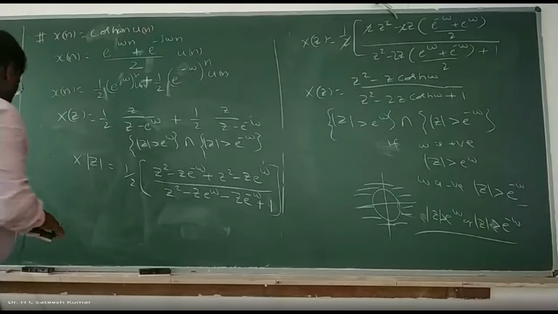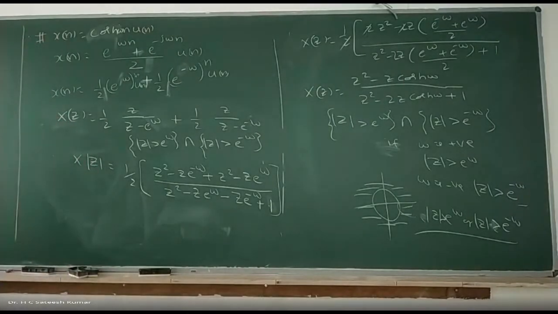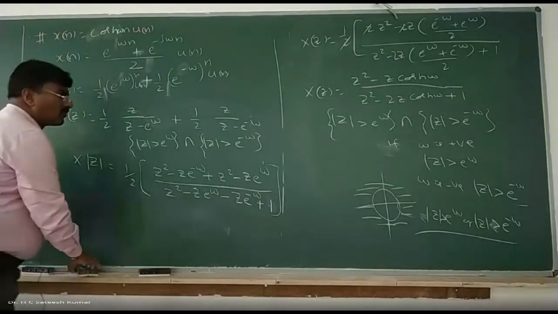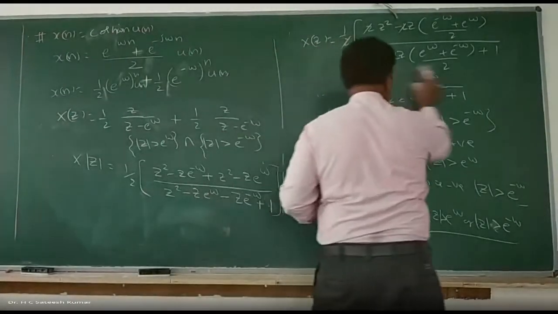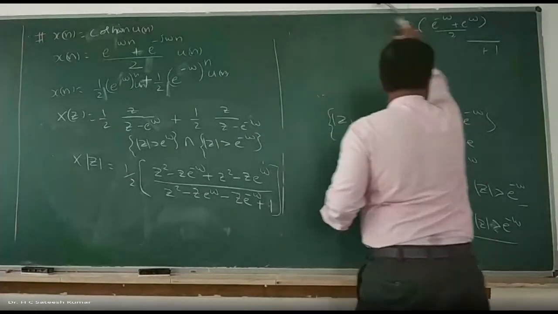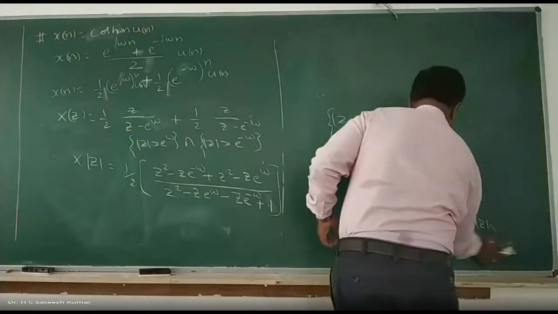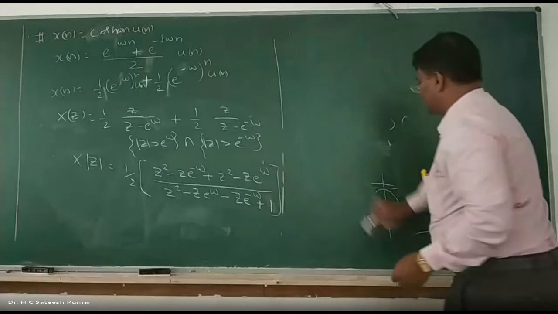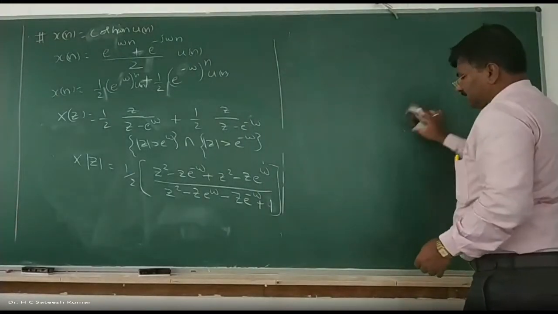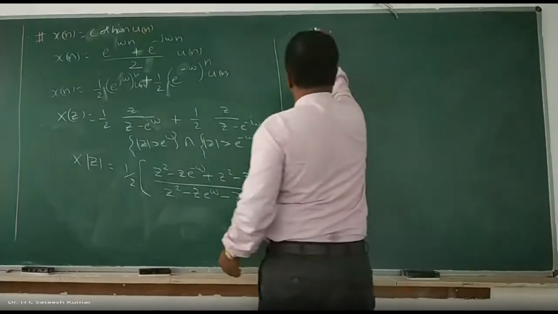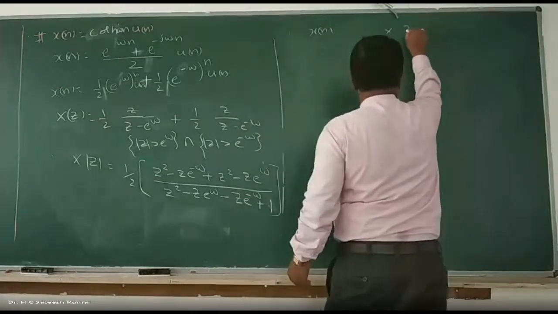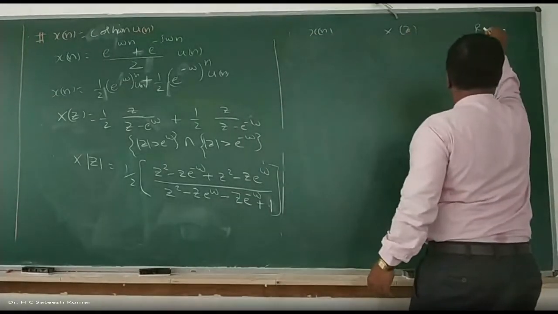Right. Now, this we can use as a standard relation. You can list it out on the last page of your notebook, the standard relations. I have given the list of all the standard Z transform pairs: x of n, X(z), and ROC.